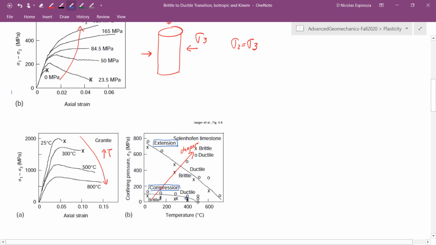And what we see over here is that, for example, for this particular limestone, there is a limit of going from brittle to ductile at a confining pressure or stress of about 100 megapascals, and that's already several kilometers of depth. And also there is a transition which depends on temperature, and mostly above, for example, 500 degrees, no matter what your confining pressure is, the rock is going to fail with a ductile type of failure.